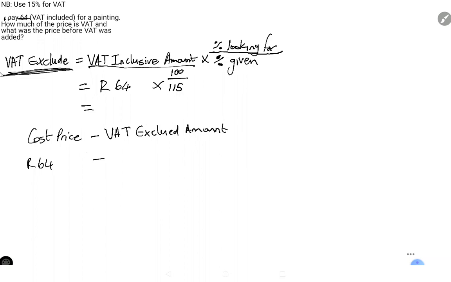Do you see that? So you want a specific amount, and if you want to pay VAT, you have to add on top of the specific amount that you want, and that's why it's 115.